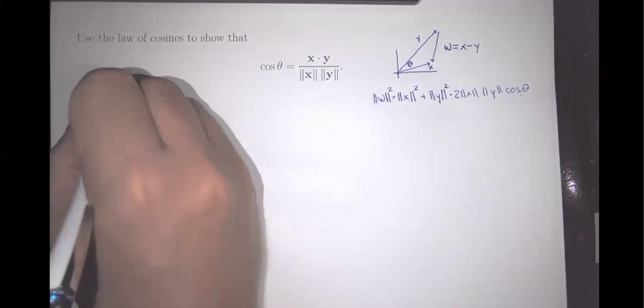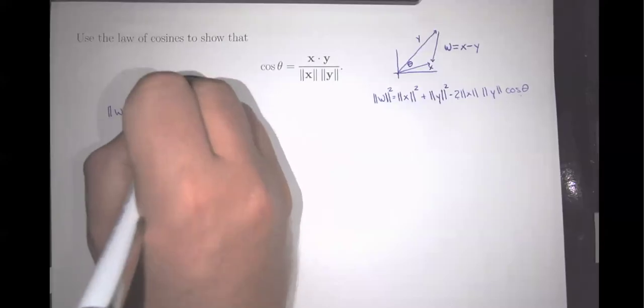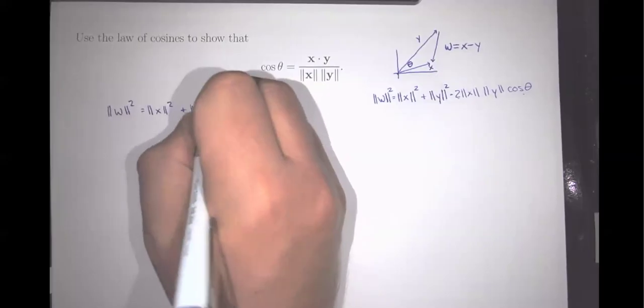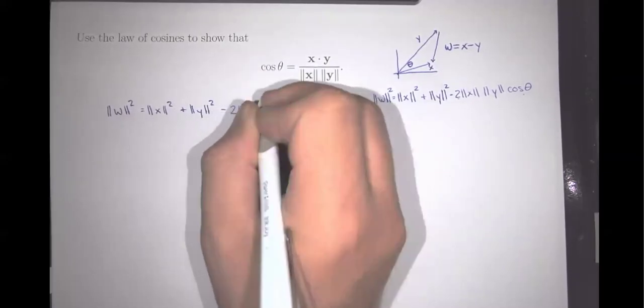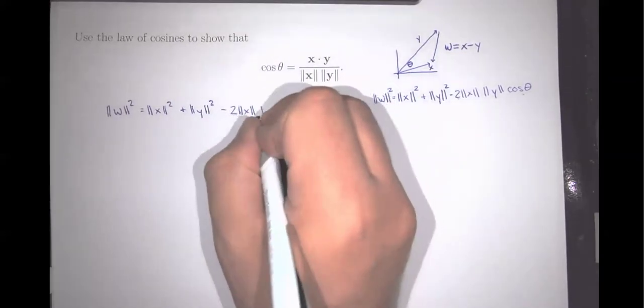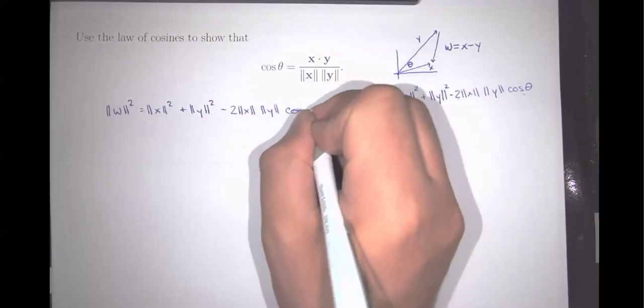So let's start by referring to w as x minus y. So length of w squared equals length of x squared plus length of y squared minus 2 length of x, length of y, cosine theta.